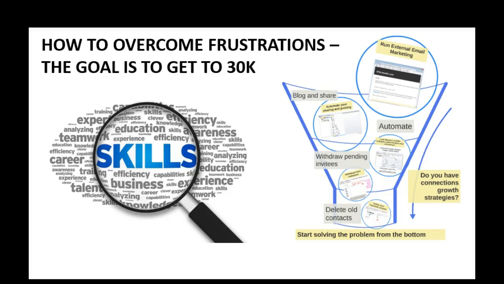First, problems will come whereby you are no longer able to send out invitations to connect. What do you do? I have this neat diagram. You must have a strategy, or many strategies, of growing your connections. First, you will delete old contacts.